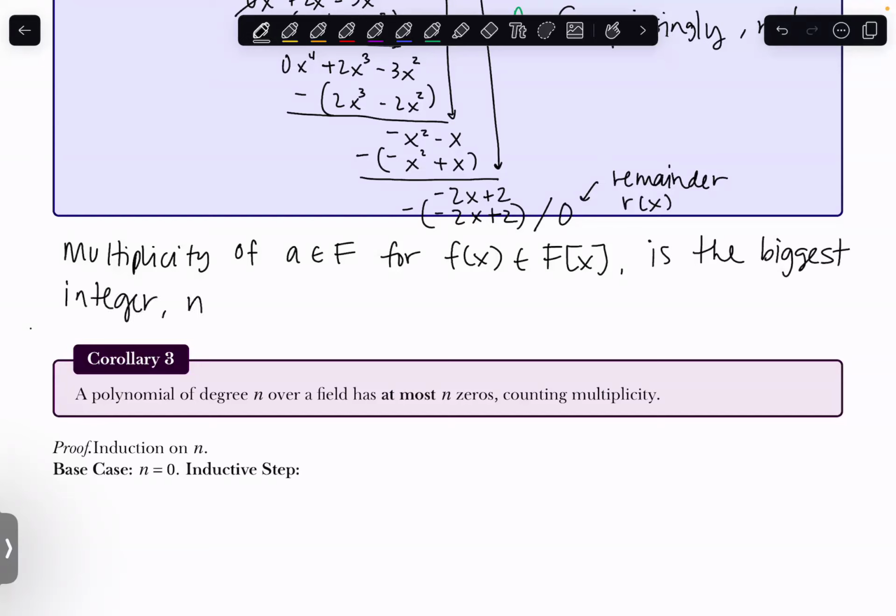We know x minus a to the n is a factor of your polynomial. So if it's the biggest, it's saying if I do n plus 1 or anything bigger, it's no longer going to be a factor.